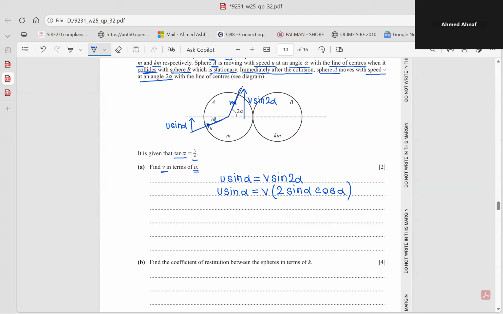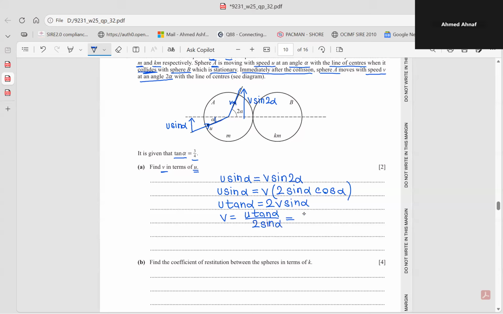We can move the cosine alpha to the other side, then you get u sine alpha over cos alpha, which is u tangent alpha, equals 2 sine alpha times v. So v is going to be equal to u tangent alpha over 2 sine alpha.